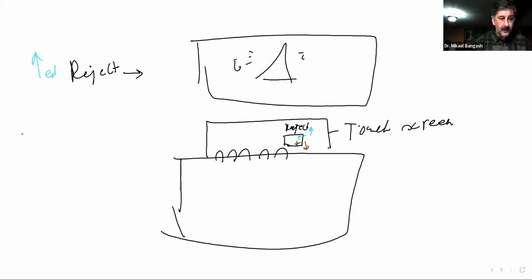Let's put it this way: we had noise that was produced by very weak signals, right?